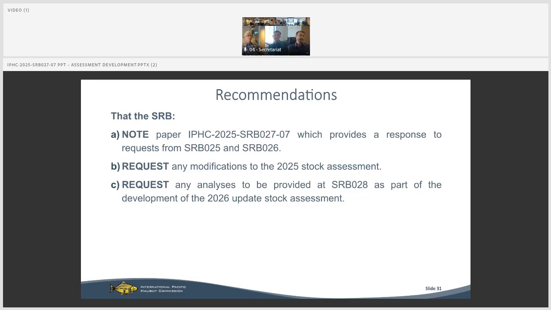I would take whatever base model they give you and just start simulating some data, looking at what the model does, what it's good at, what it's not good at. Try to address some of the issues that you have, like discard mortality.